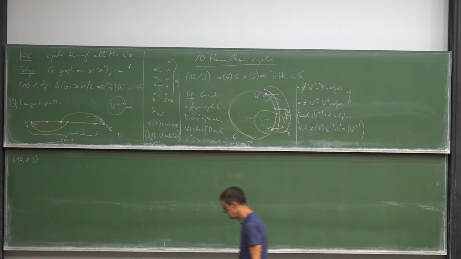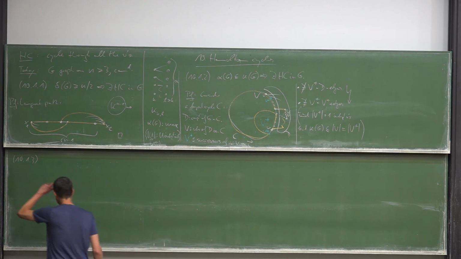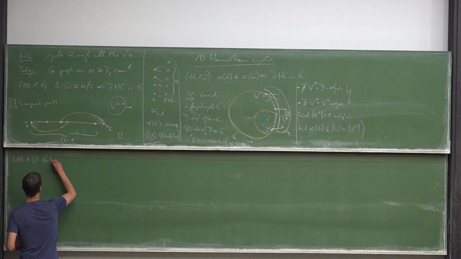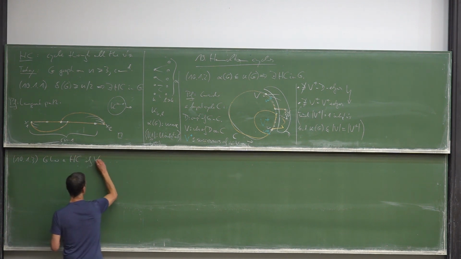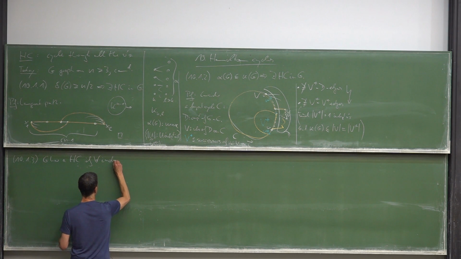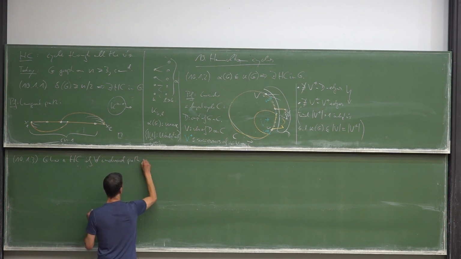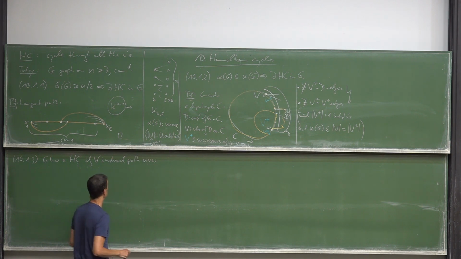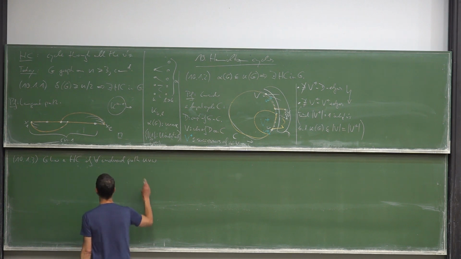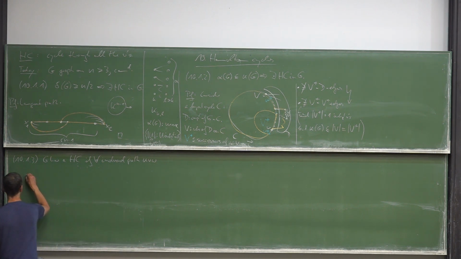And it says that G has a Hamilton cycle if for every induced path U, V, W, so that's a path, U is adjacent to V, V is adjacent to W, but U and W are not adjacent, the following holds, and now comes something weird.